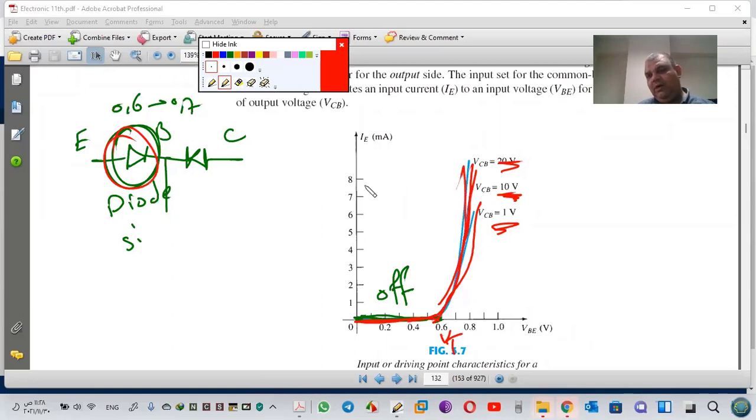Any question about this one? So the input characteristic for a silicon transistor is like the input characteristic for a diode, when the output voltage is constant. Any question? Yes or no?